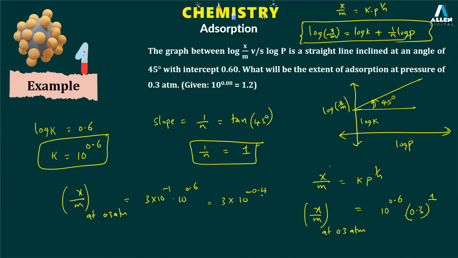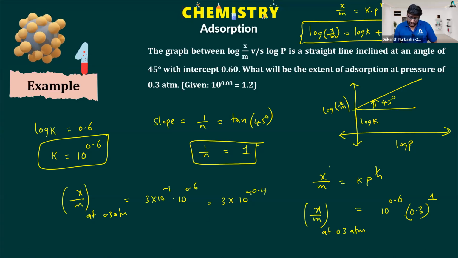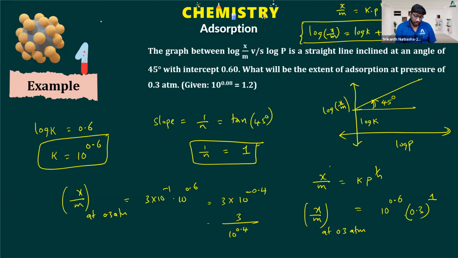0.4. I can write this as 3 by 10 power 0.4. Yes or no? Given 10 power 0.08 is 1.2, using this you can try to write down the value of 10 power 0.4.